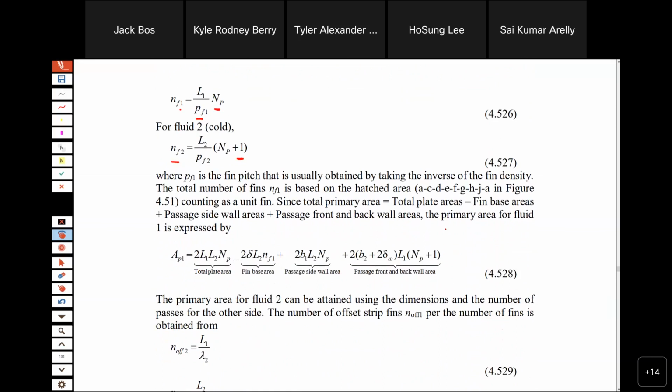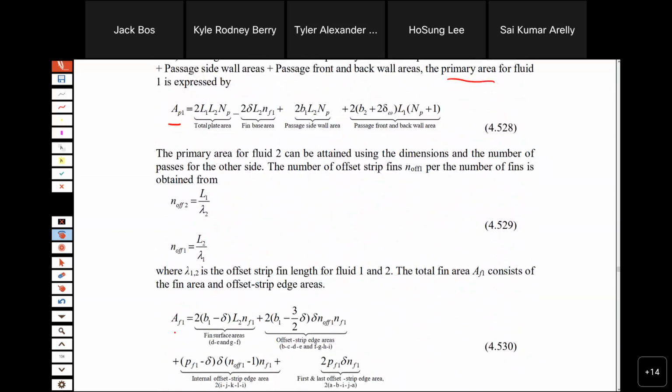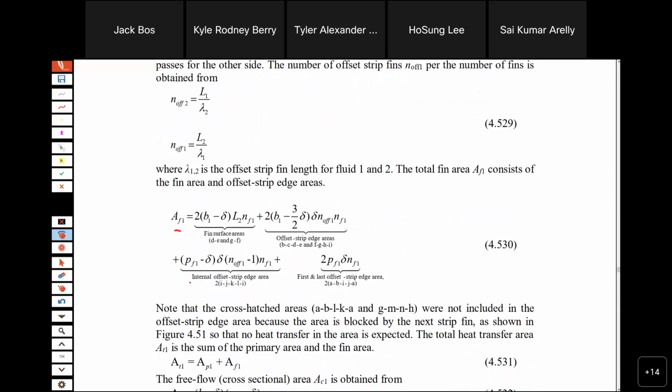And then primary area. Total area is the primary area and the fin area. Primary area is except the fin. Fin is fin area. So fin area except the cross shaded part.